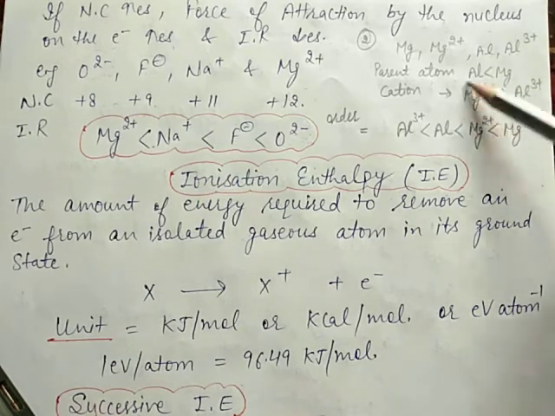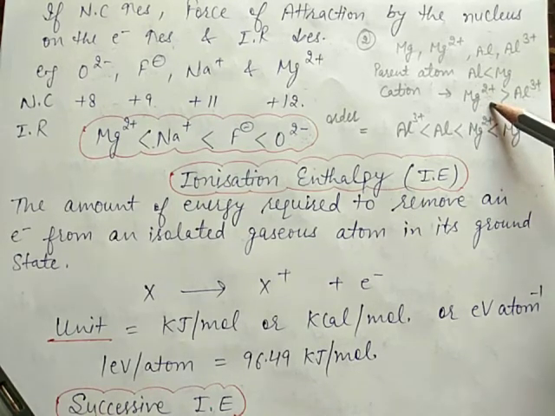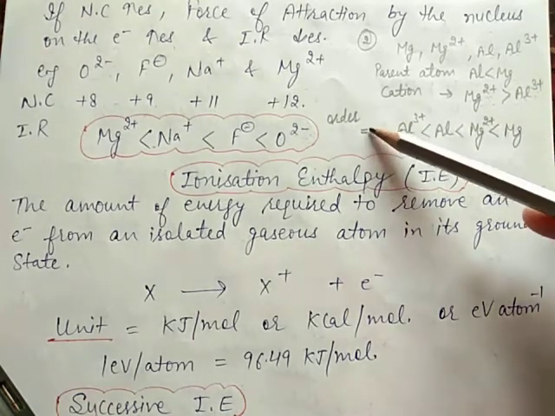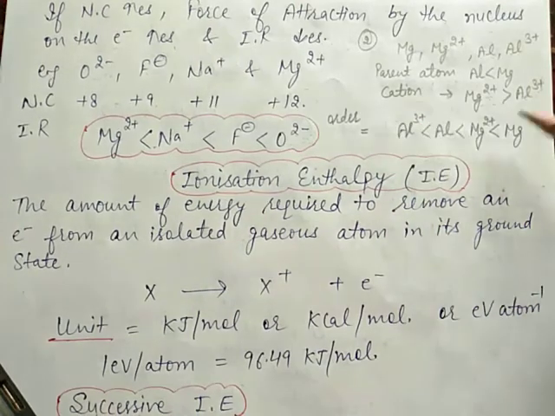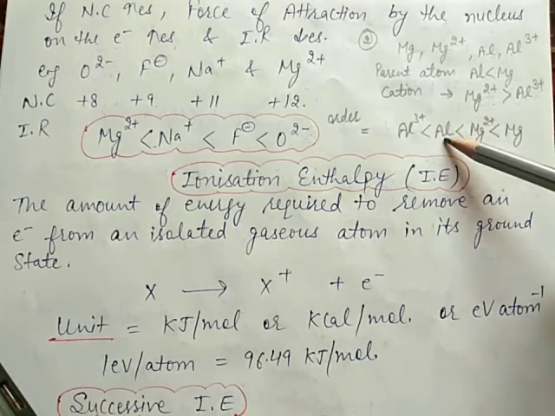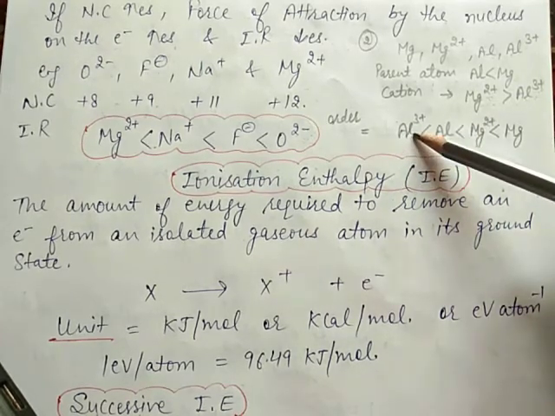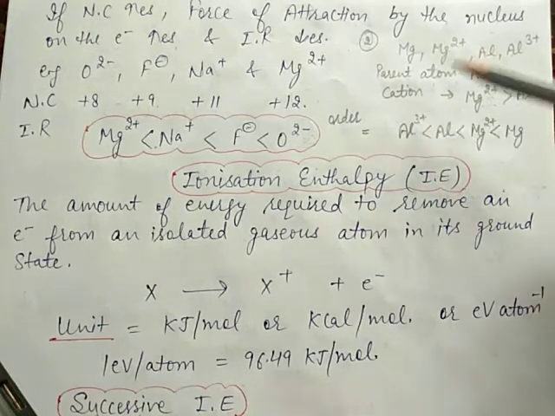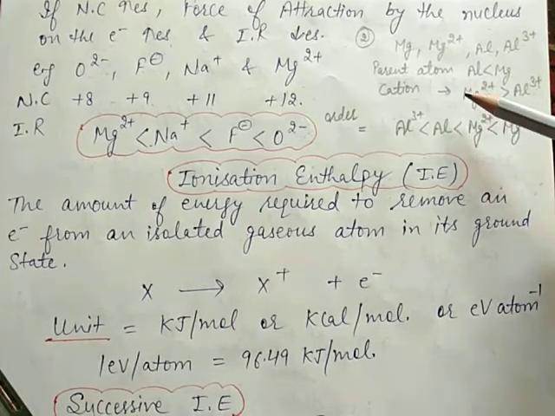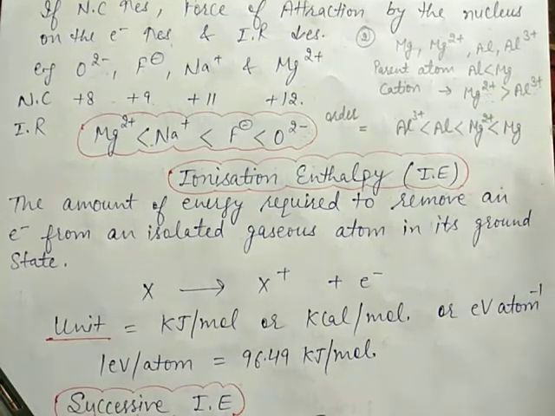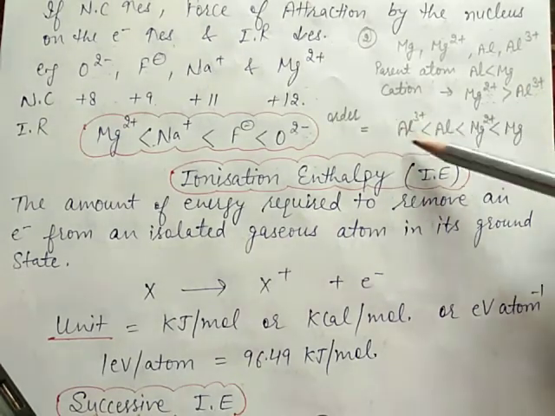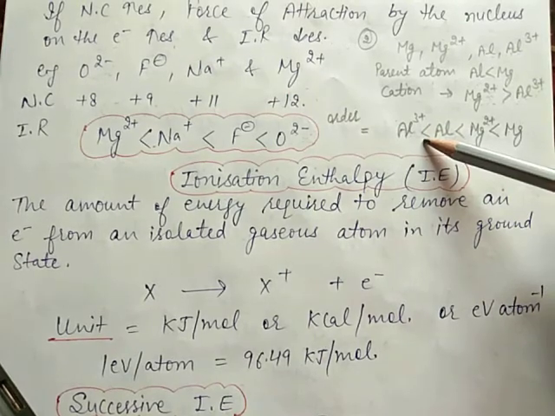So magnesium 2 plus has more size as compared to aluminium 3 plus. So the order of size is first magnesium, second magnesium 2 plus, third aluminium, and fourth aluminium 3 plus. So in this question, magnesium is the largest atom and aluminium 3 plus is the smallest ion.